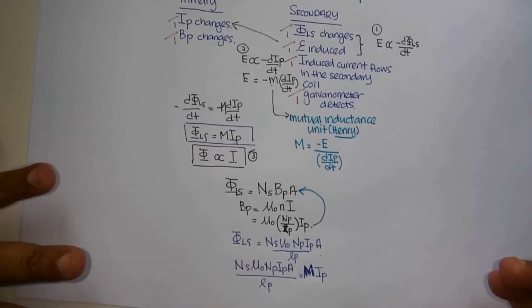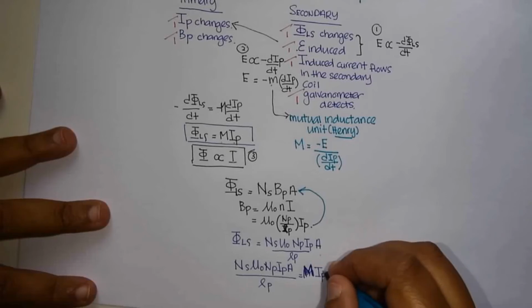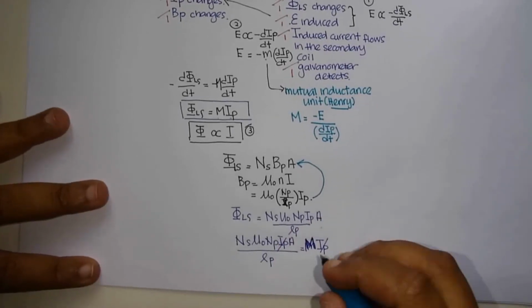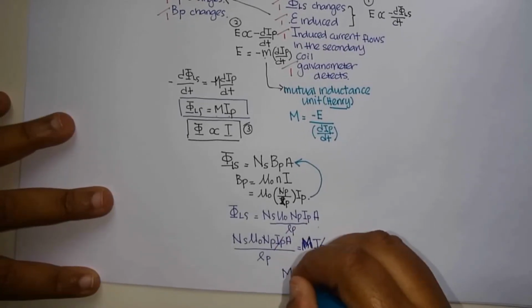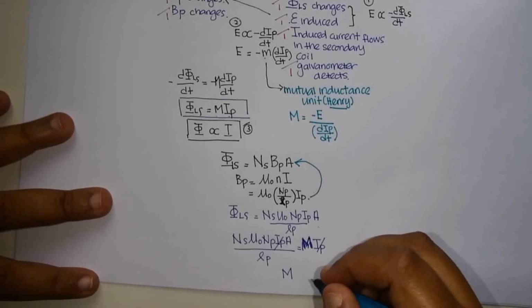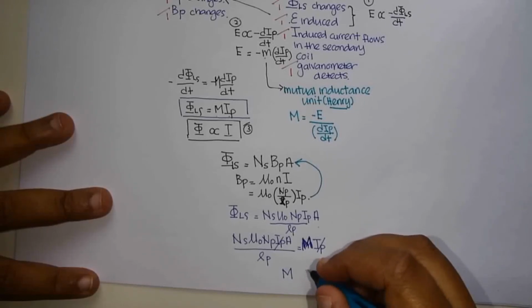Then I cancel IP and IP, so I get an expression for mutual inductance.